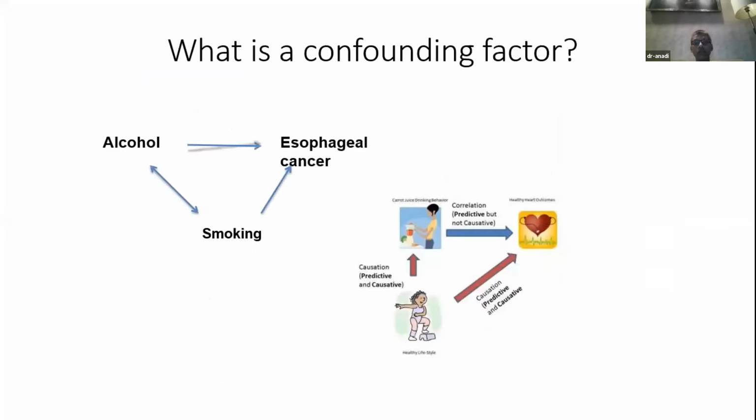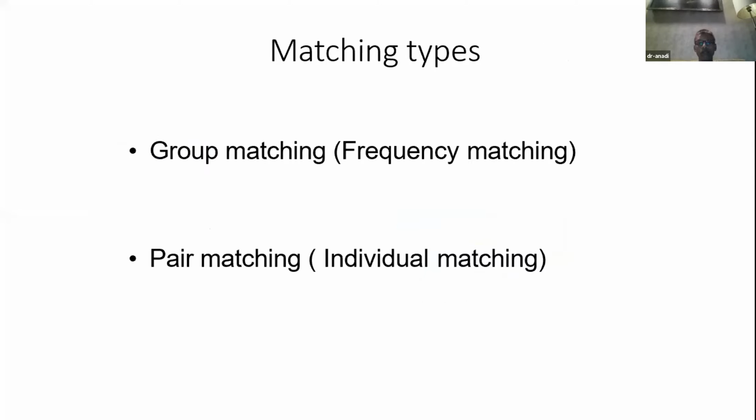What is a confounding factor? So we are studying esophageal cancer and smoking, and we found that some of the patients are also alcoholic. So alcoholism is a confounding factor for esophageal cancer. Matching types: we can do group matching, or we can go for pair matching.